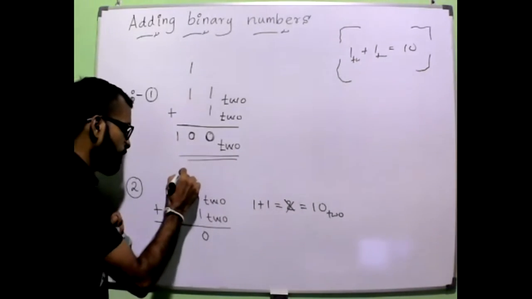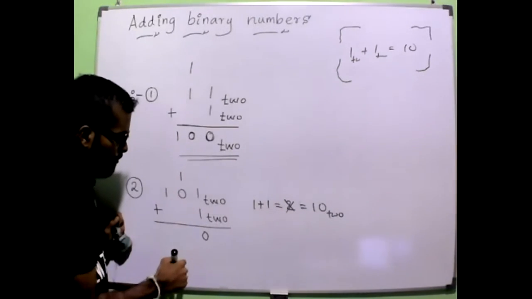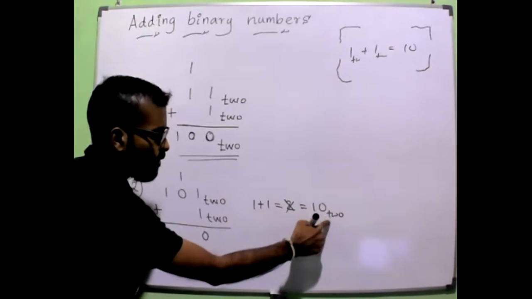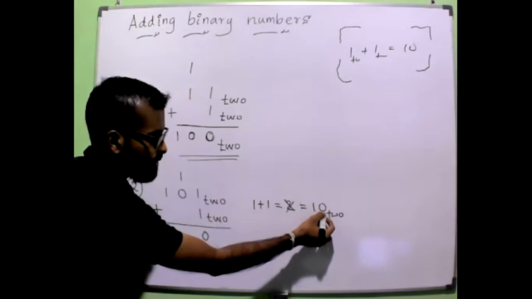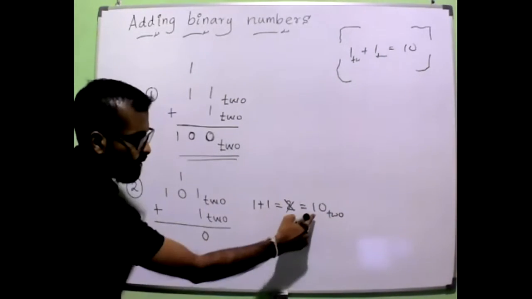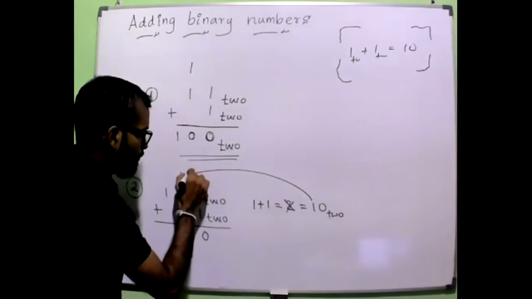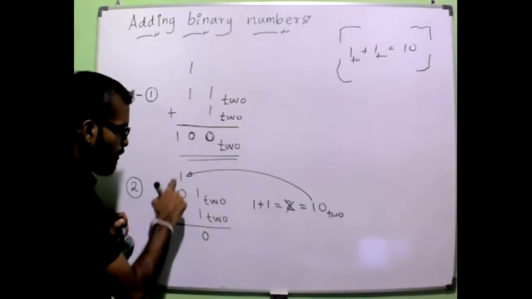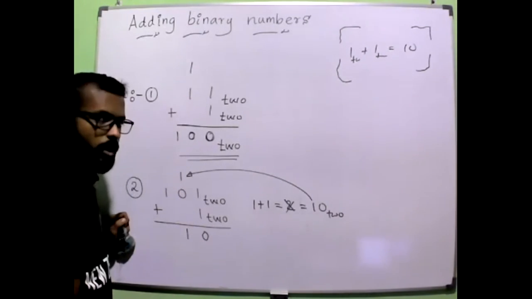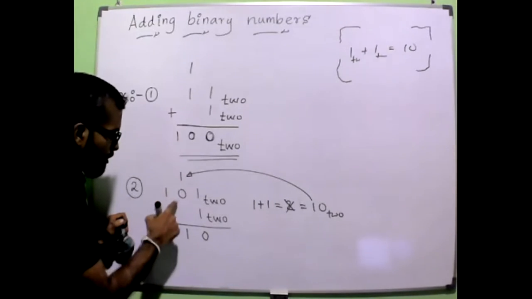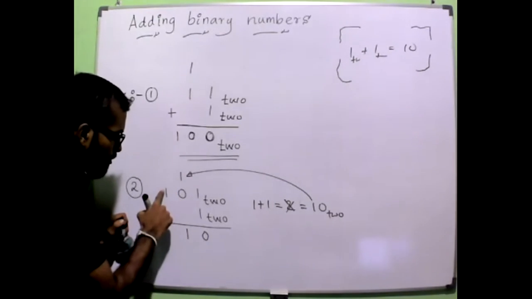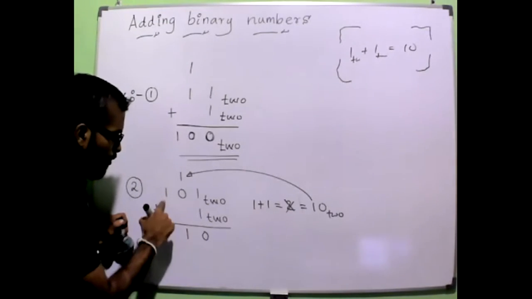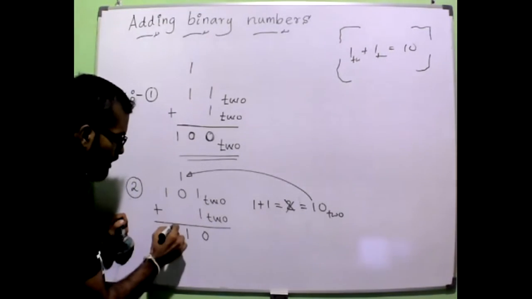I will put it here. 1 plus 1, not 2. 1 plus 1 equals 10 base 2. At the end the last digit is 0, I will put it here. This 1 comes here. Then 1 plus 0 is 1. It is okay. Here, 1 plus 0 is 1. Now, in this case we don't have anything here, so 1 plus 0 again, 1.